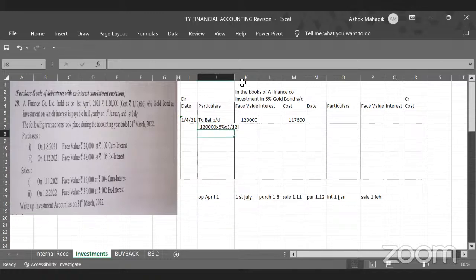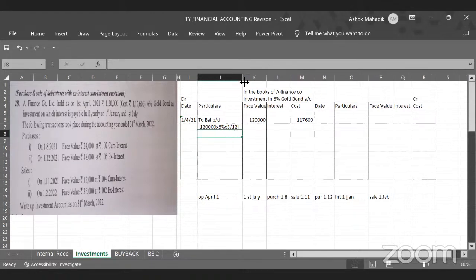This way you have to calculate interest. We need 3 components. Face value mostly will be given in the sum. Interest rate will be given. The only thing is that you have to count the period between 2 dates. Which 2 dates? The previous interest payment date and the transaction date. So please calculate this interest and put it here.